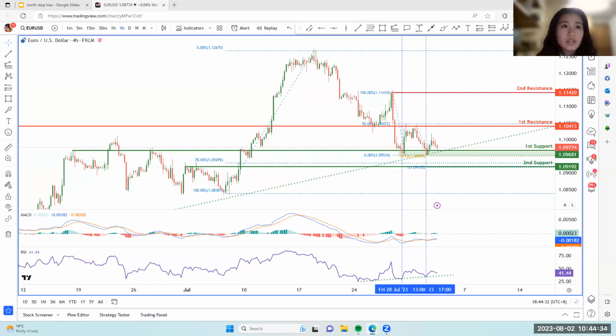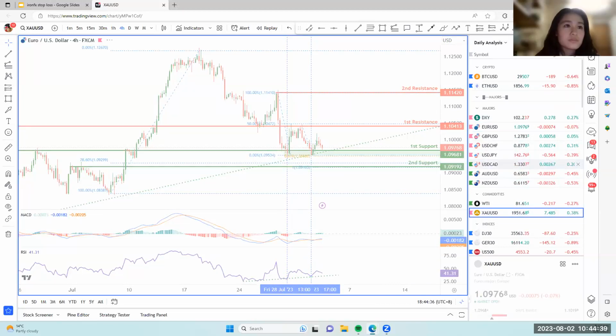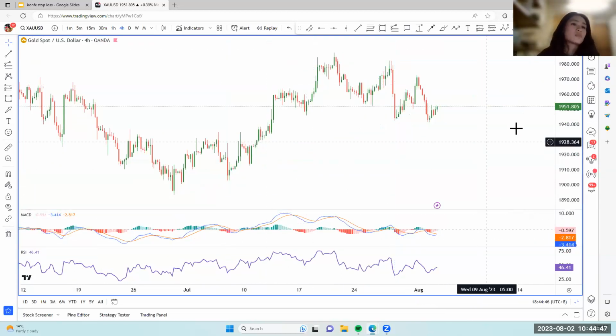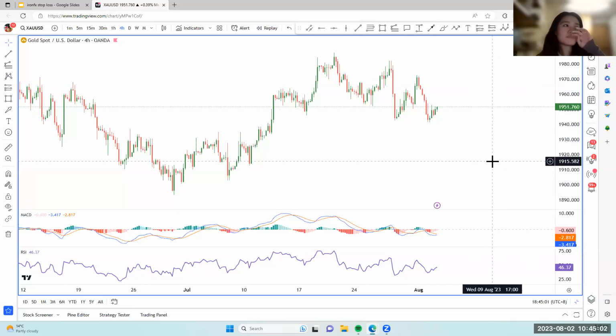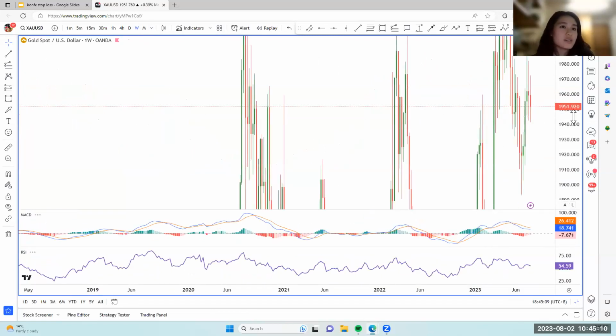Let's go ahead and take a look at gold. Okay, so let's begin by looking at the higher time frames again.